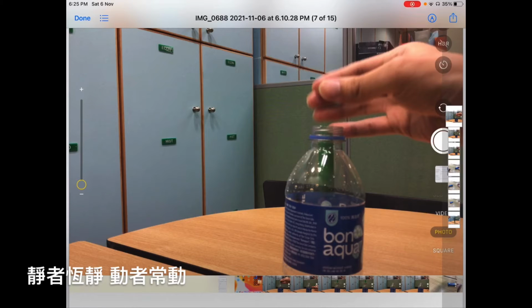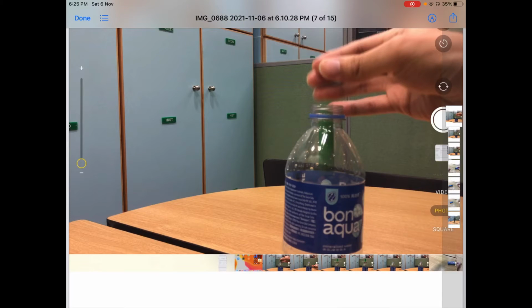If it is originally moving in a certain direction at a certain speed, then it will keep this speed and also its direction of motion. That is, it will not speed up, slow down, or change the direction of motion.